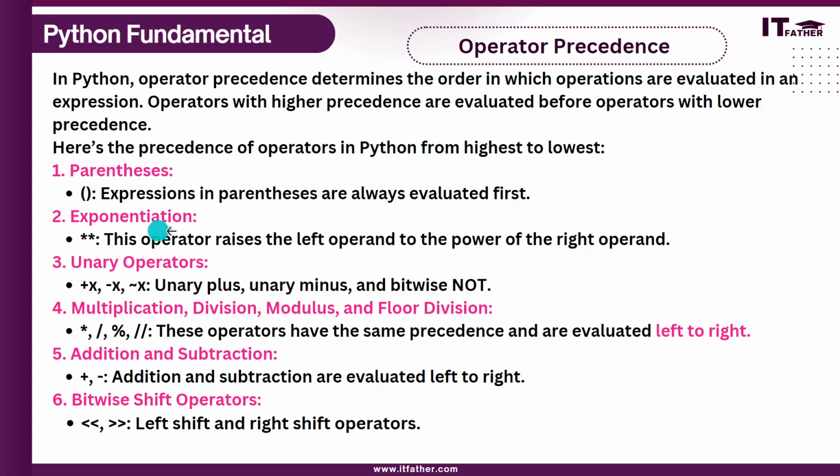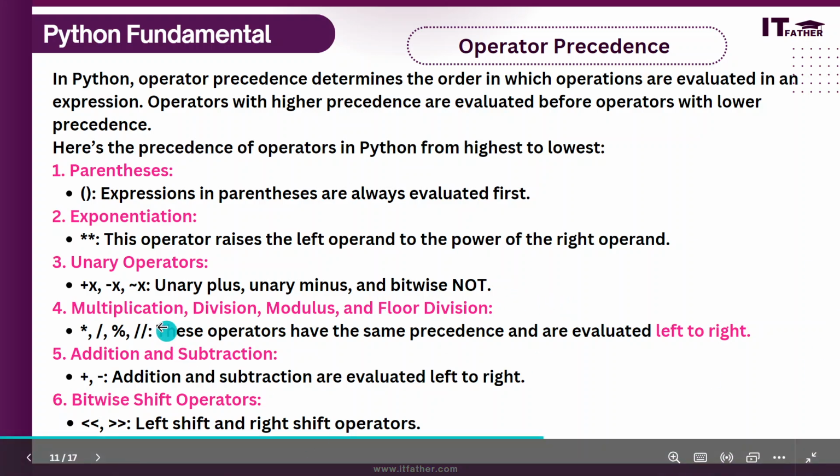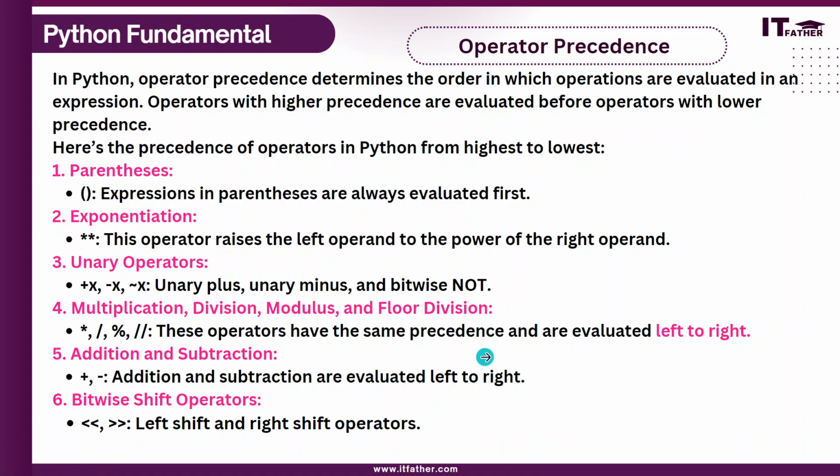Then we have exponentiation. This operator raises the left operand to the power of the right operand. Then we have unary operators: unary plus, unary minus and bitwise not. Then we have multiplication, division, modulus and floor division. All these operators come together under one precedence, that is precedence number 4.